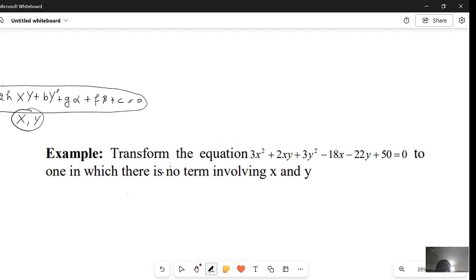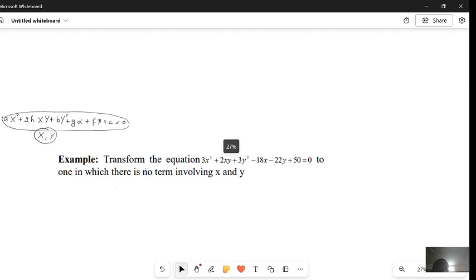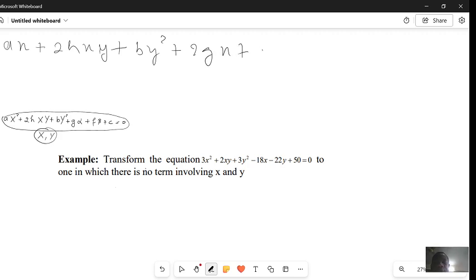In this example, we want to transform this equation by using translation. Now I have the general formula: ax square plus 2hxy plus by square plus 2gx plus 2fy plus c equals 0.